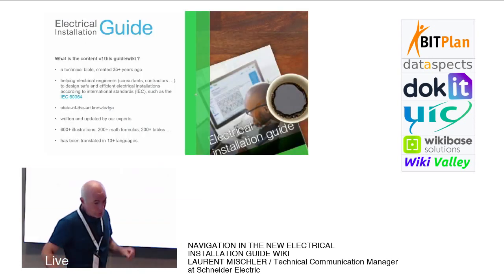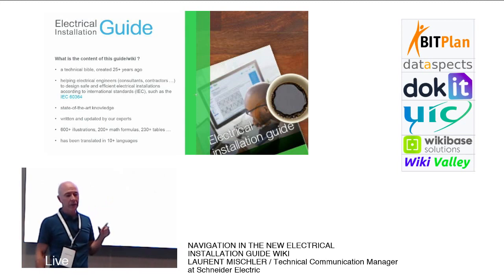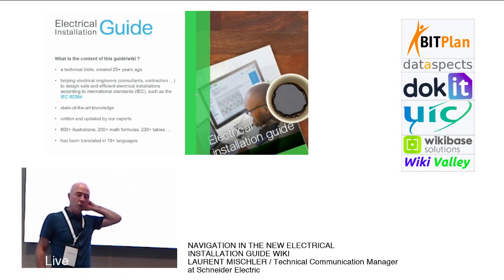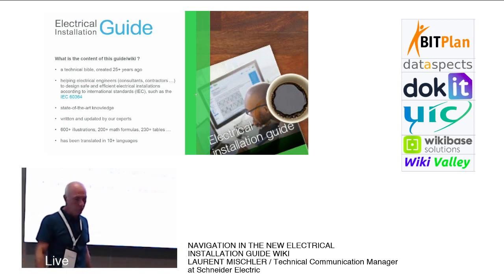So that's the introduction. To tell a little bit more, the guide, the book itself, is a really thick content, 600 pages or so, that was created by our experts quite some time ago, and it has been updated and evolved over time with the standards evolutions.